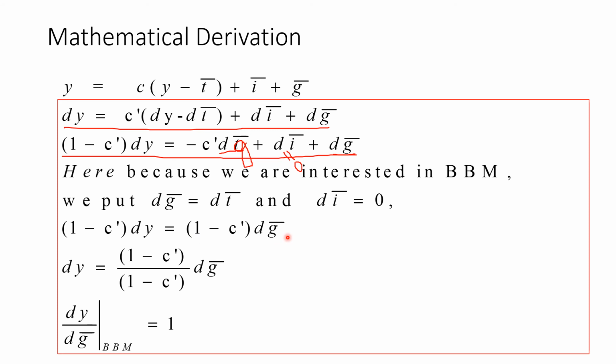Then you have dY equal to 1 minus c prime divided by 1 minus c prime, that will cancel out, and then dY by dG, we call it BBM or balanced budget multiplier, the value of that is equal to 1. So using a mathematical technique, using the equilibrium condition, you can easily derive the balanced budget multiplier, the value of which is exactly equal to 1.